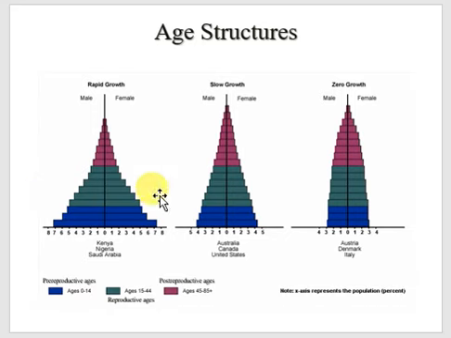So here on the far left side, if you see this structure that looks almost like an equilateral triangle, that's representative of rapid growth. You see this a lot when we're talking about human populations.